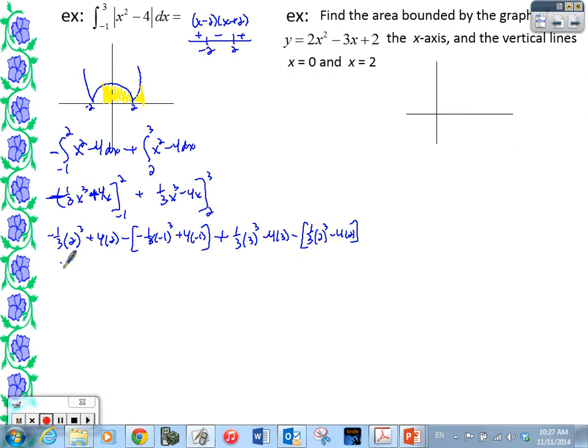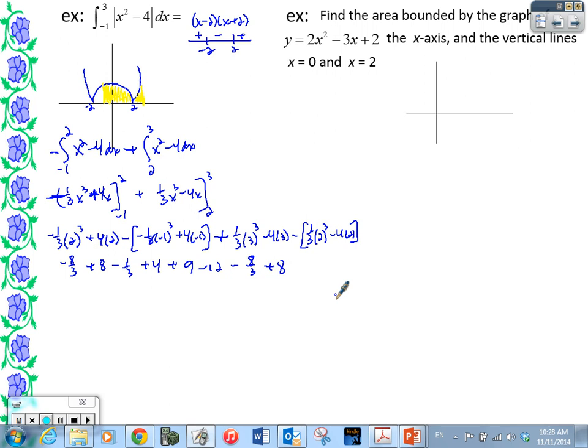So 2 cubed is -8/3 plus 8. Let's see, this turns into plus, so that's -1/3 plus 4 plus, so what, that'd be 27 divided by 3 is 9 minus 12 minus 8/3 and then plus 8.